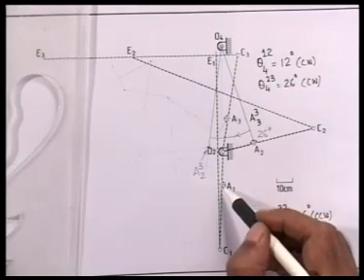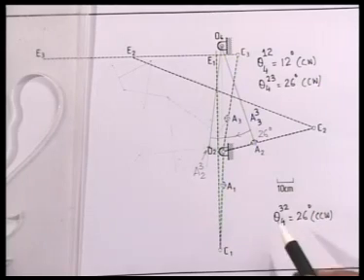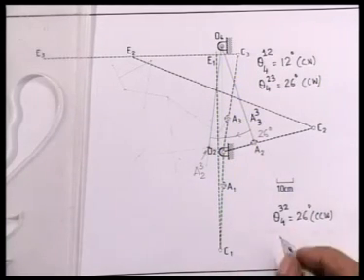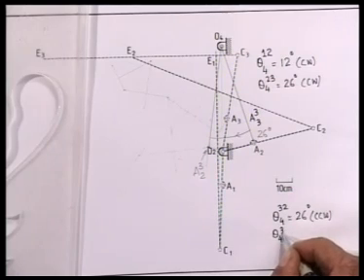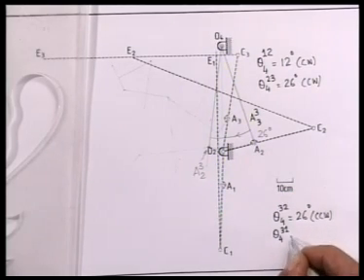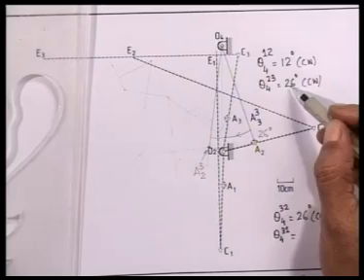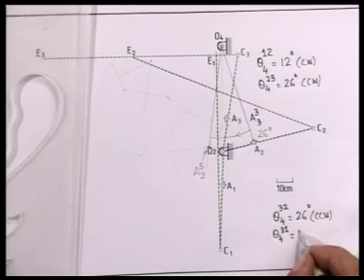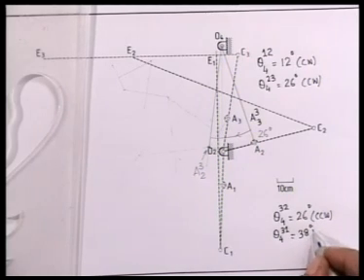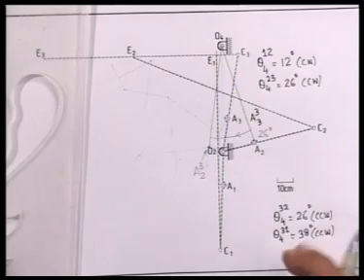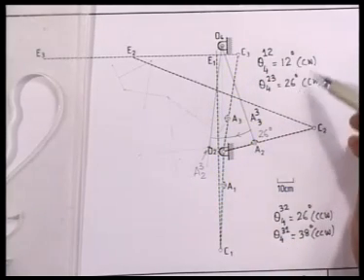Now A1 is here. Where is A13? Now theta 4 3 1 is equal to 26 degree plus 12 degree, that is 38 degree in the counterclockwise direction, because theta 4 1 3 is 38 degree clockwise.